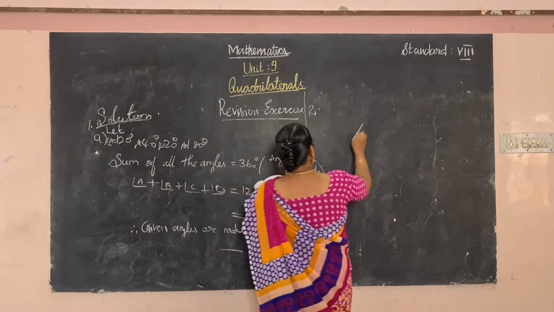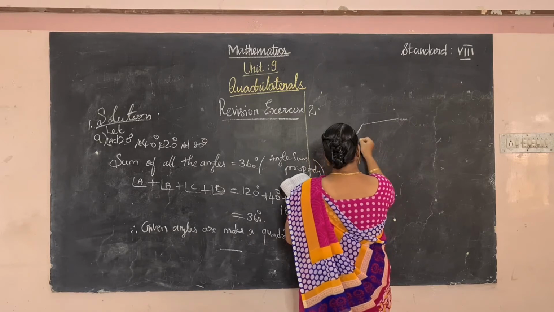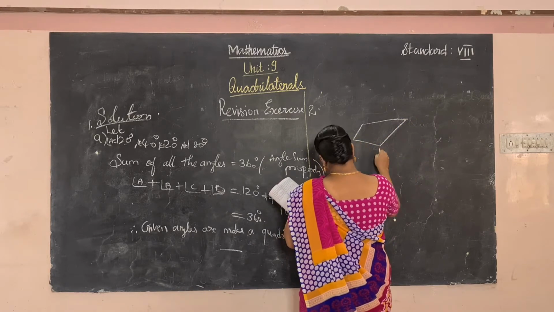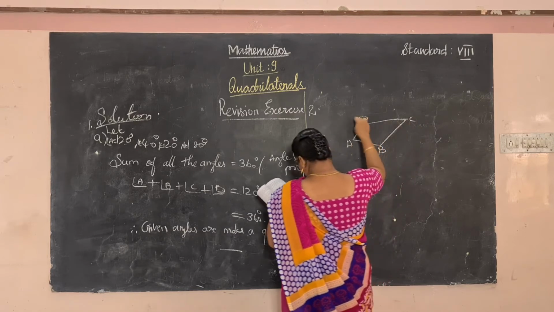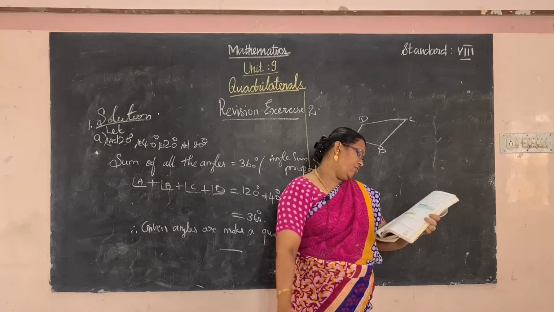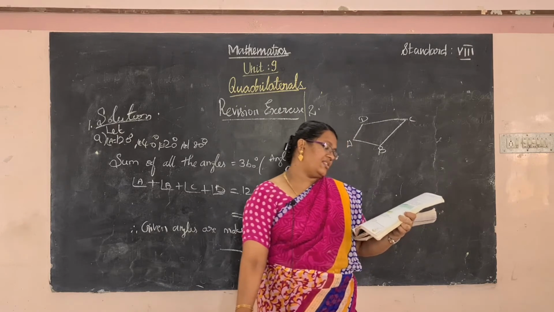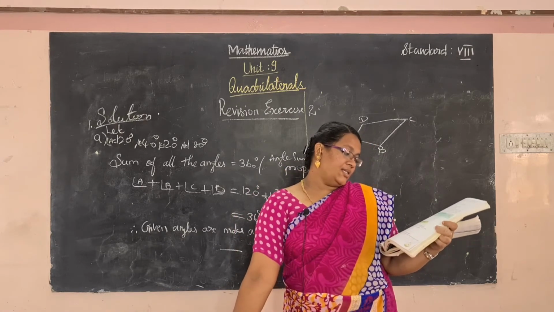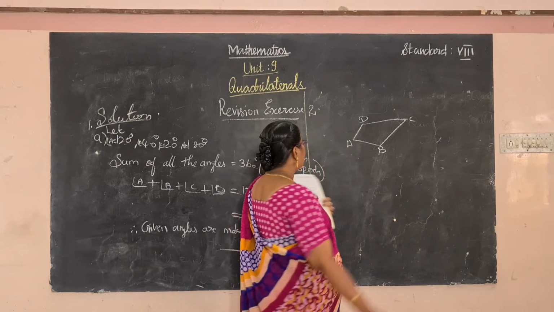See, a diagram is given, A, B, C, D. Write the pair of adjacent sides and opposite sides of the following figure. First write the adjacent sides.